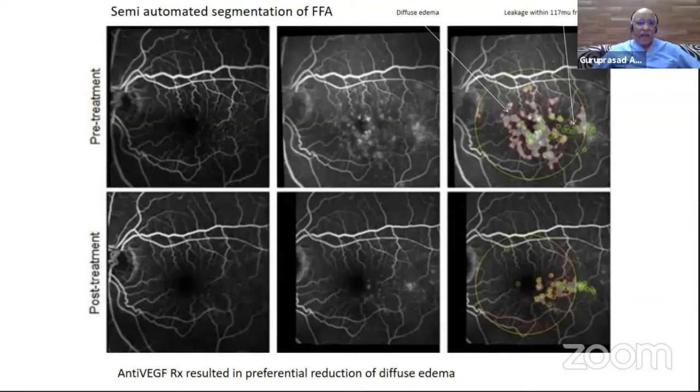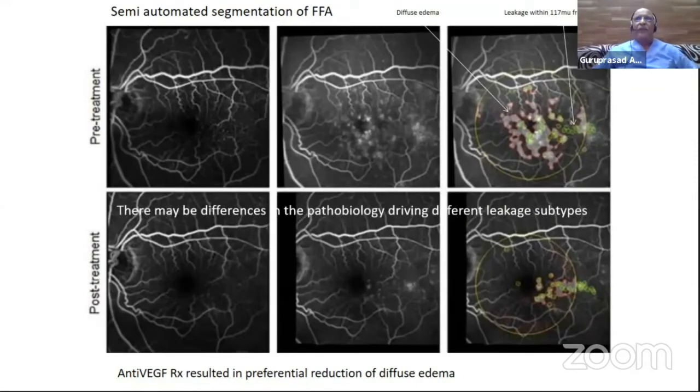And they found that anti-VEGF treatment resulted in preferential reduction of diffuse edema and not so much reduction of focal edema. And therefore, focal edema might probably be more responsive to other modalities of treatment, especially steroids.